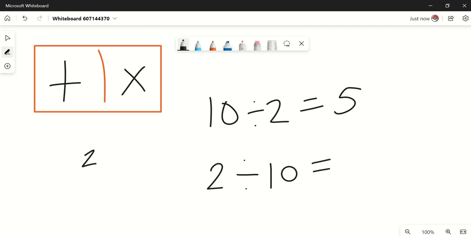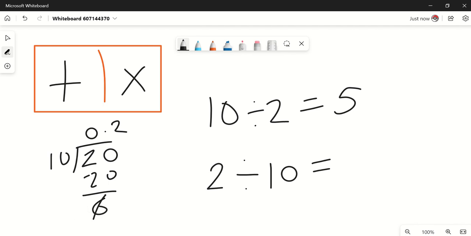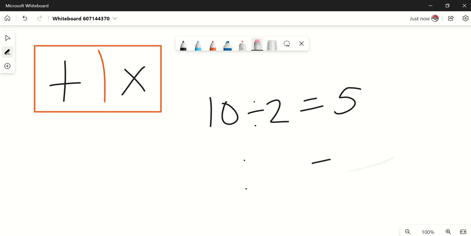It will actually equal, 10 will go into 2 0 times, add a decimal, bring down a 0, 10 will go into 20 twice, that will equal 0.2. So when you change the order of a math problem that is division or subtraction, it is not the commutative property. You're going to get a completely different answer. With addition and multiplication, you can change the order and you will still get the exact same answer.